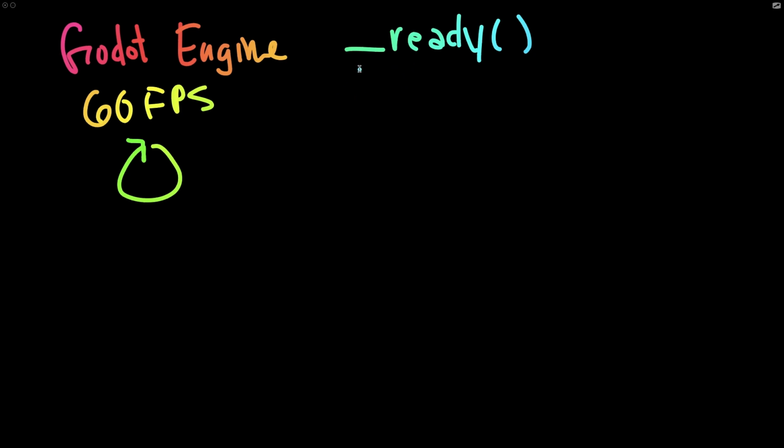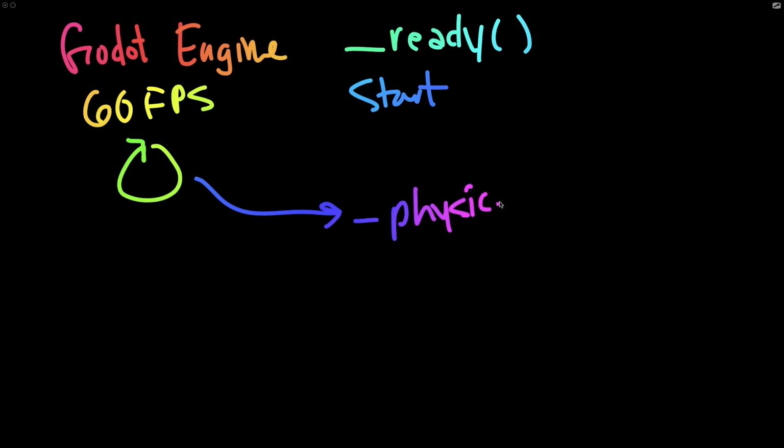So for example, _ready is a Godot function that will run once when we start our scene. And so we can set some basic values at the beginning of the scene. We will see examples of this in scripts that we write later on in the semester. The function that we just wrote was physics process. And this is a function that runs every frame after Godot calculates the physics.